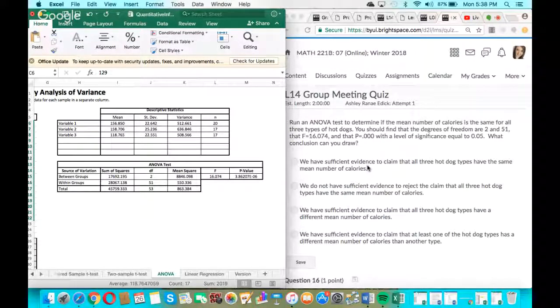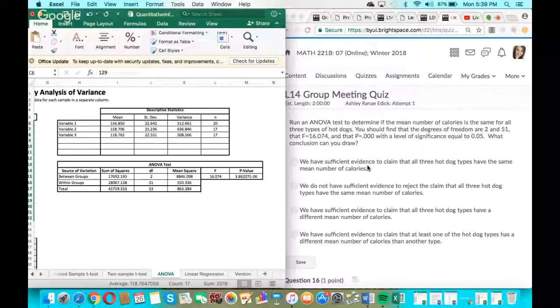With the levels, what conclusion can you draw? So 0.000 is smaller than 0.05, so we have sufficient evidence to claim that they all have around the same. Well, we're rejecting the null.